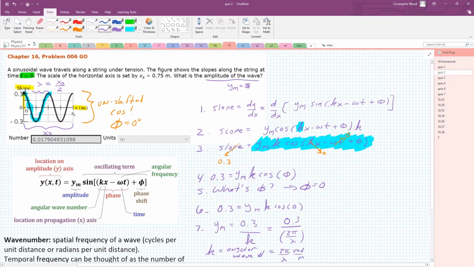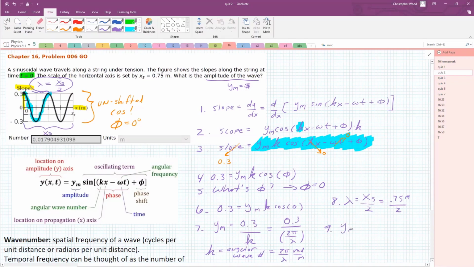All right, the only problem is what's lambda? So the challenge continues. Lambda equals x sub s over 2, based on my early graphical observation. So for me, x sub s is 0.75 meters divided by 2. Okay, so here's the answer.